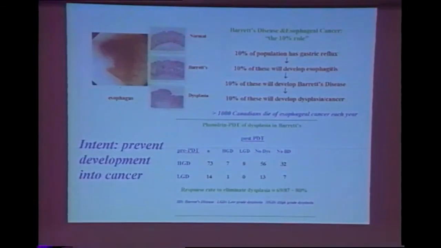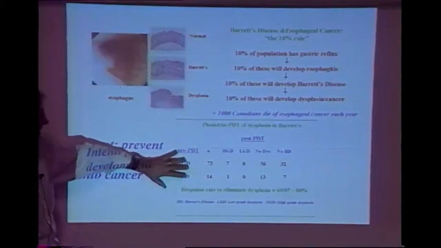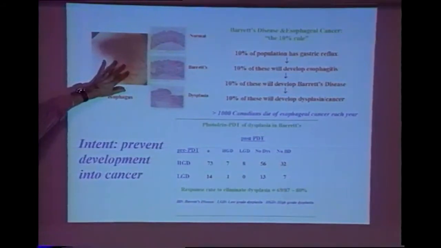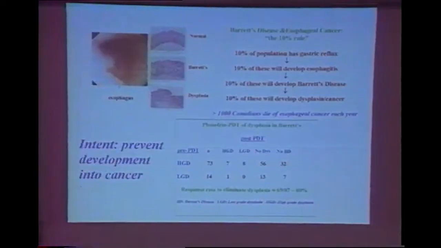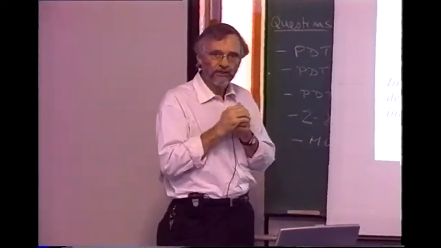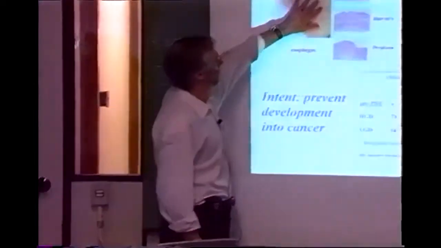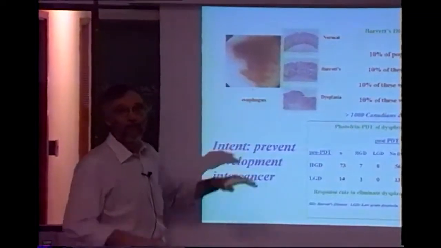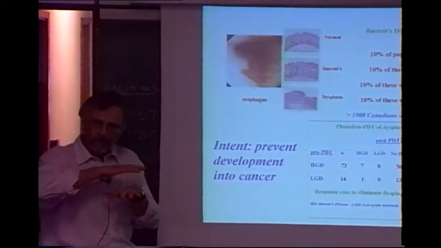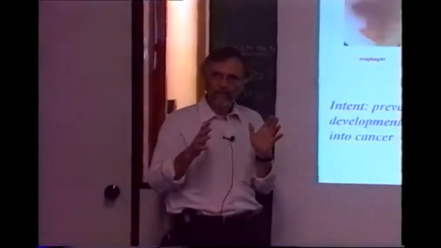Two controversies. One is, if you had this condition with no dysplasia, would you want to have PDT to treat the Barrett's? That's question number one. The second question, which is also a big topic for conversation, is that there is one report in the literature where this treatment was given, the squamous mucosa regrew, and it looked great.